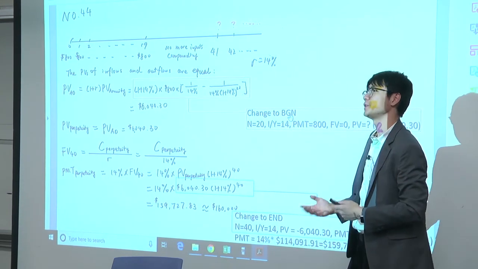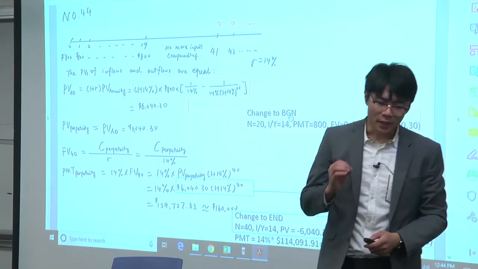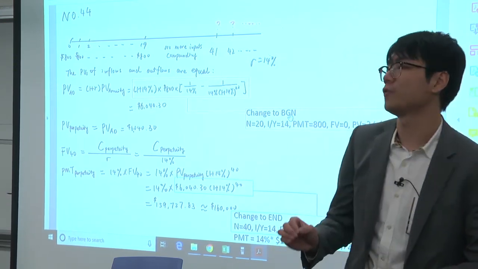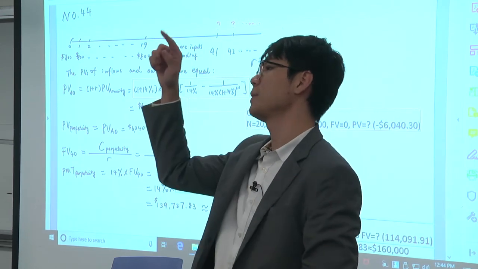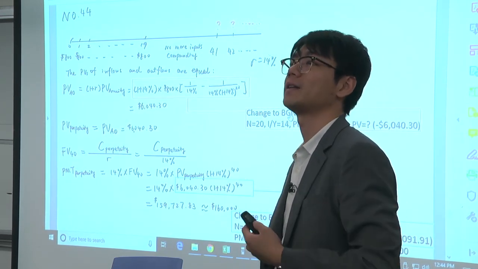how do we get the perpetuity's payments then? Let me ask you a question. We had this before. A perpetuity starts from the 41st year. If I use the equation payment over r, where does the value stand?